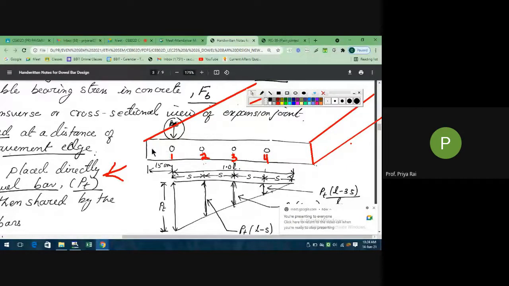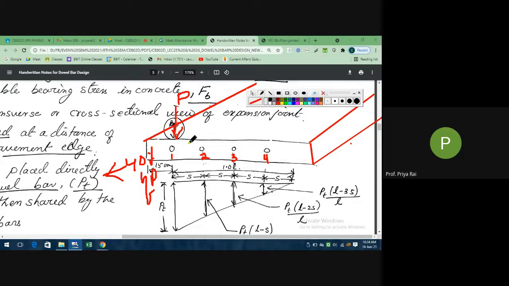Total 4 people will transfer this load, which is suppose P. We have to design in such a way that all 4 of them together will transfer 40% of P, not the total P.